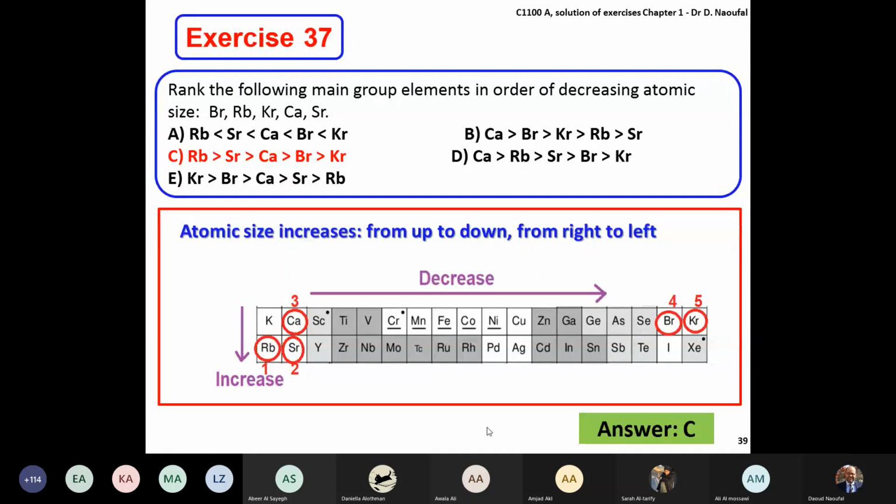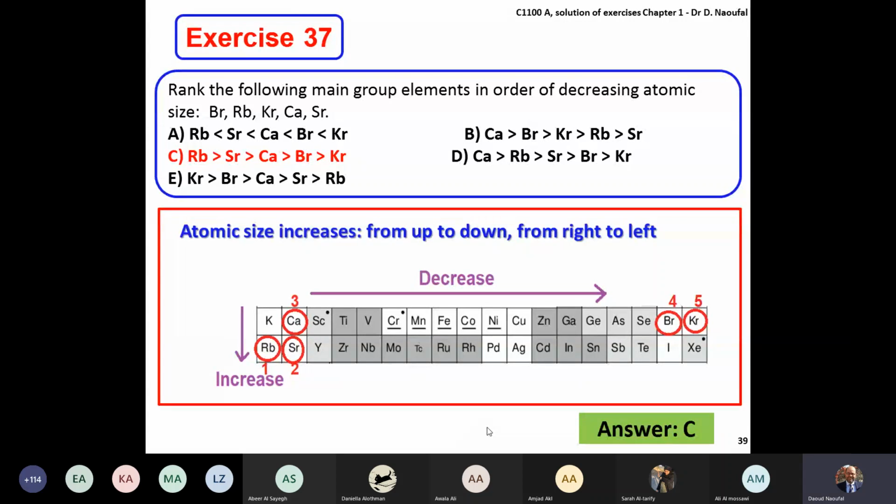Suppose in the given species we have atoms and we have ions. In this case, we cannot use the periodic table. Why? The atoms could be arranged in the periodic table, but how to put ions in the periodic table? So if we have a mix of species, atoms and ions, we have to use the principle of attraction.